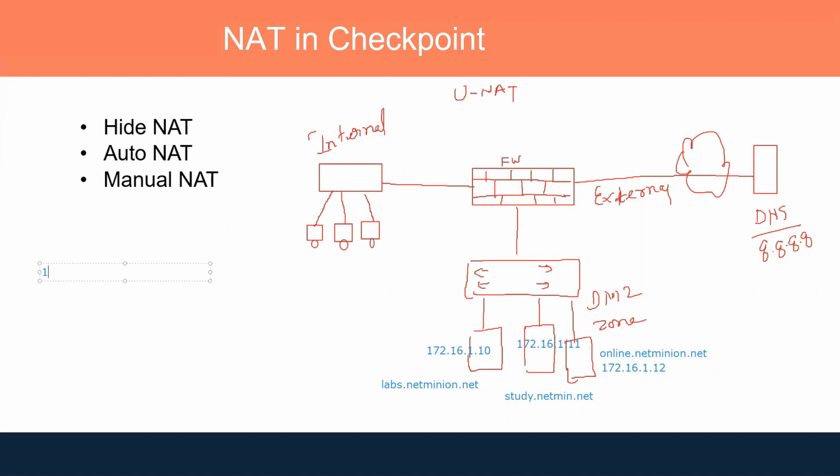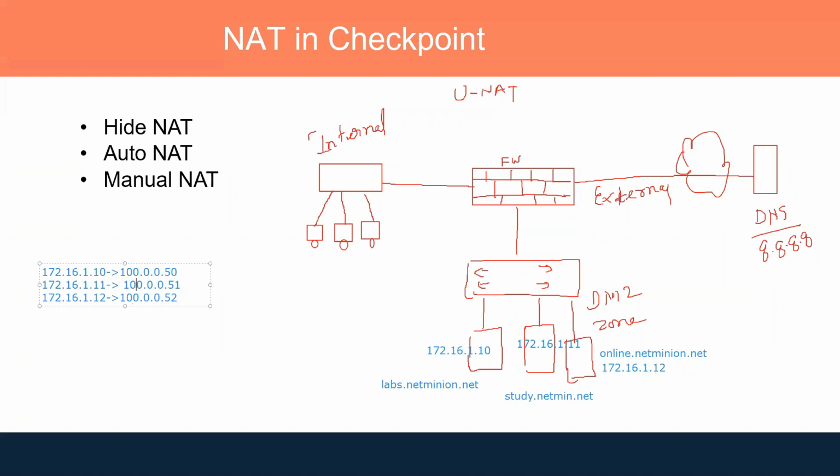For example, 172.16.1.10 you have NATed to one of the public IPs, let's say 100.0.0.50. 172.16.1.11 you have NATed to the public IP 100.0.0.51, and similarly 172.16.1.12 you have NATed to 100.0.0.52.